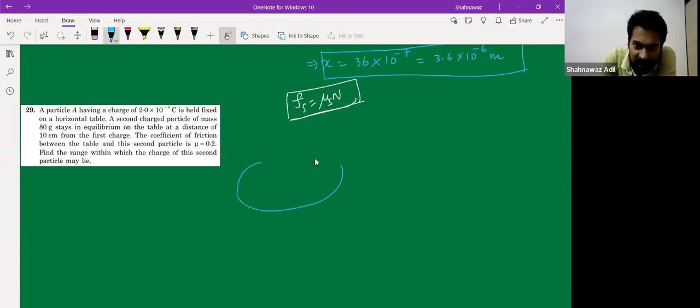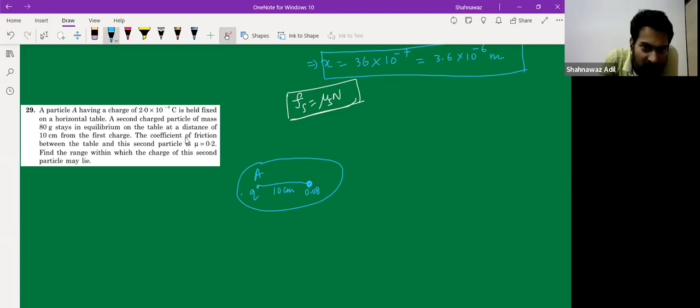So this is, let's say, a table, and you have this Q charge at point A. And a second charged particle of mass 80 grams stays in equilibrium on the table at a distance 10 centimeter away from this first charge. 80 gram is 0.08 kg, held at equilibrium.